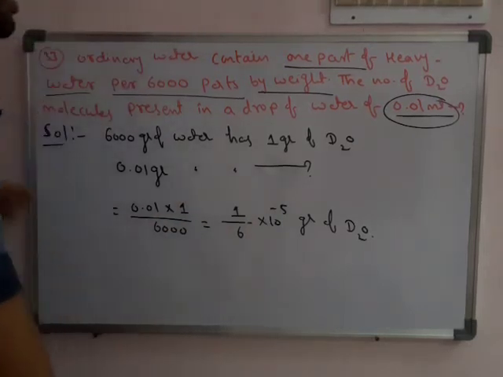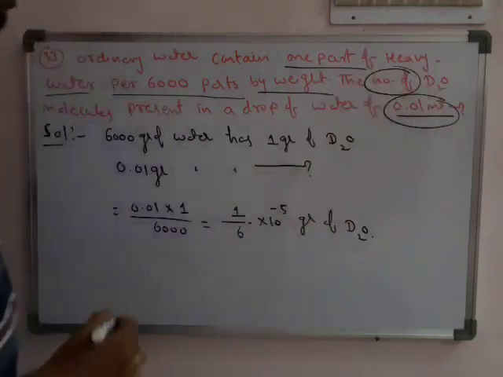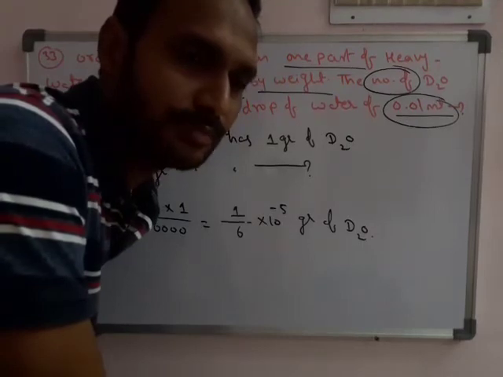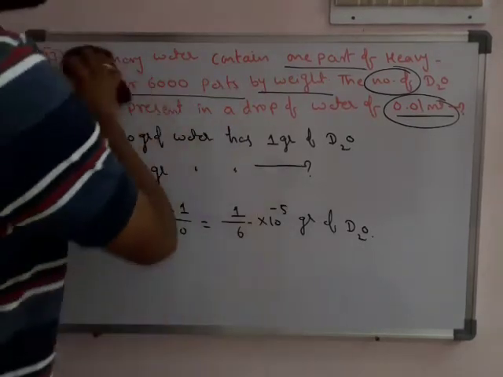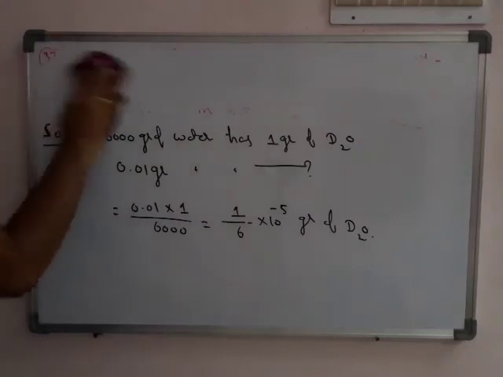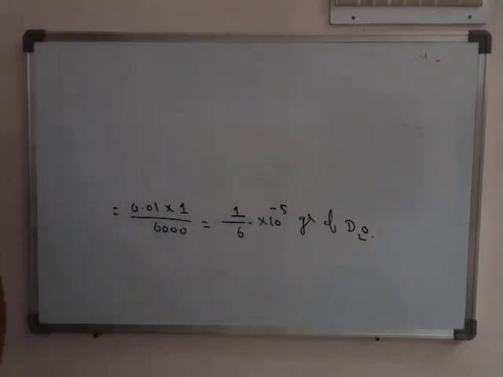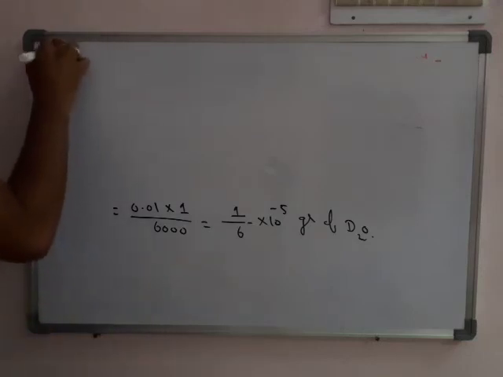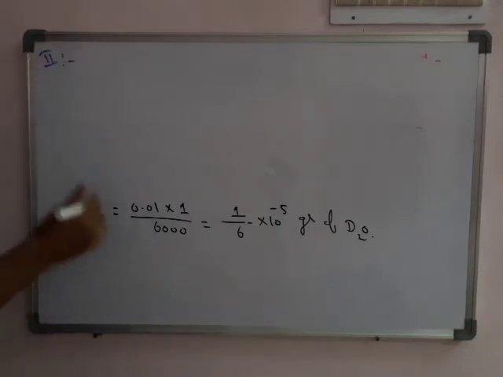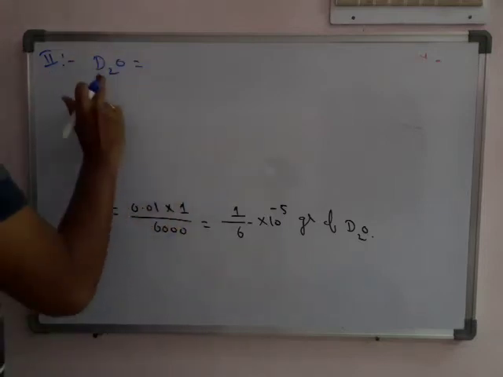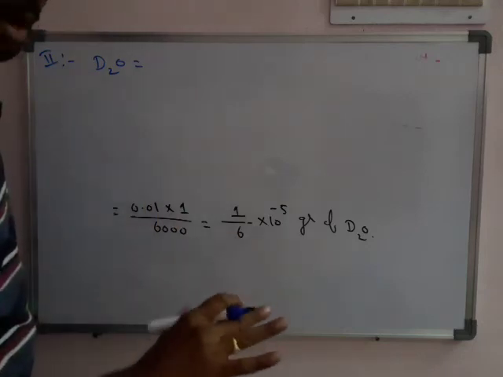The question is to find the number of D2O molecules present in this much D2O. So now we convert this mass into numbers. Just take it as step 2. We know the molecular weight of D2O. Normally we take hydrogen as 1, but here the special thing is that the mass of deuterium is 2.